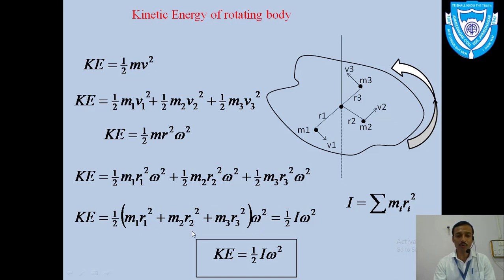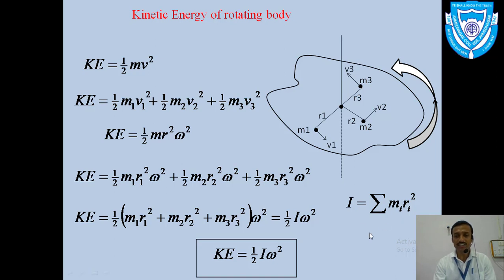This quantity, the summation of m1 r1 square, m2 r2 square, m3 r3 square, is denoted by I. What is I? I is nothing but moment of inertia. What is moment of inertia? We can define moment of inertia as the sum of the product of the mass of each particle and the square of its perpendicular distance from the axis of rotation.